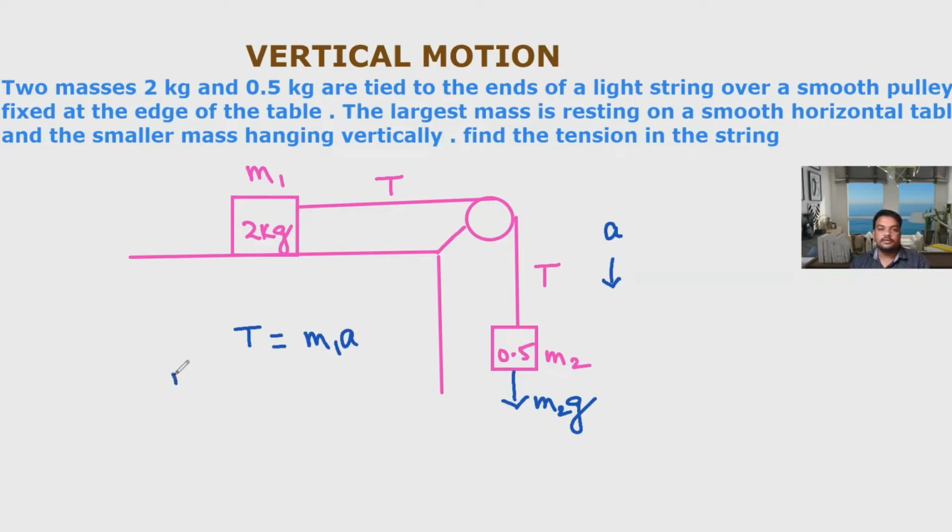Then the force acting on the lighter mass is M2g minus T is equal to M2A.